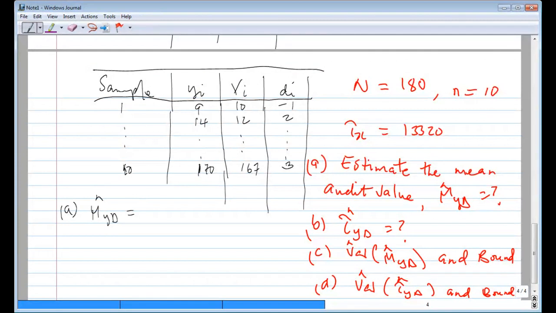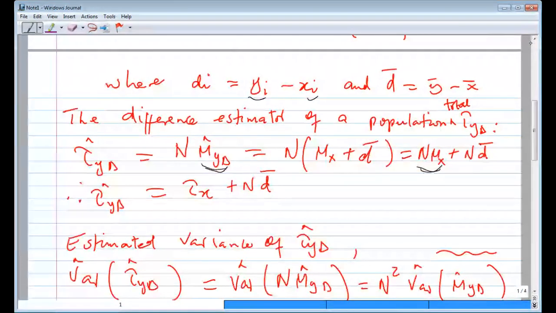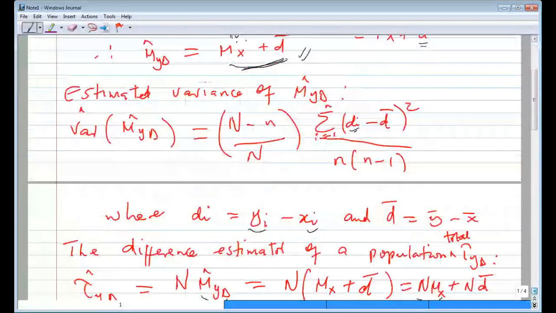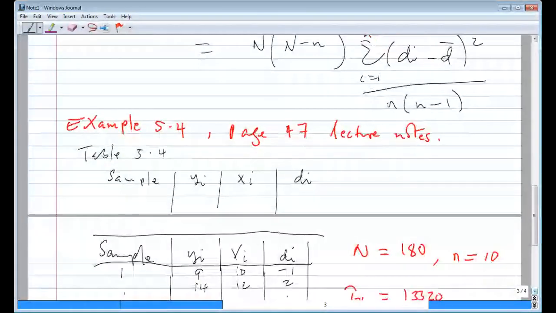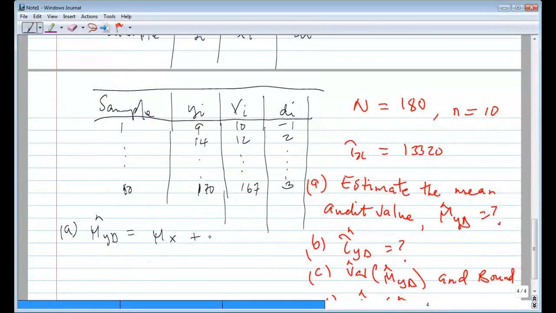There are many formulas out there that you can use. This is the one. But the question is, we don't have mu x there. So you have to find mu x first. In other words, mu YD is equal to mu x plus d bar.